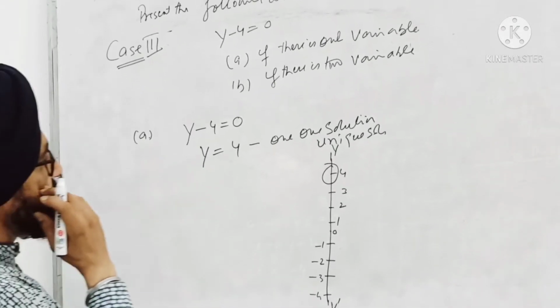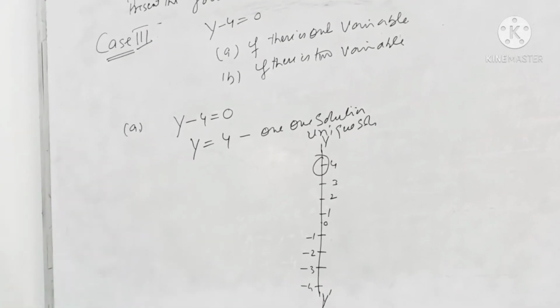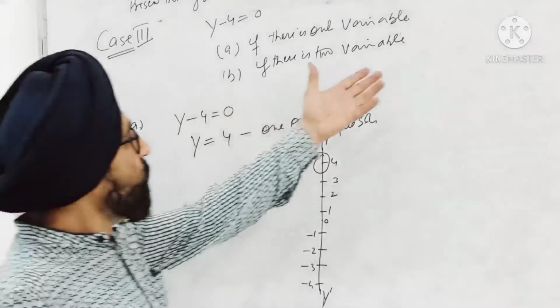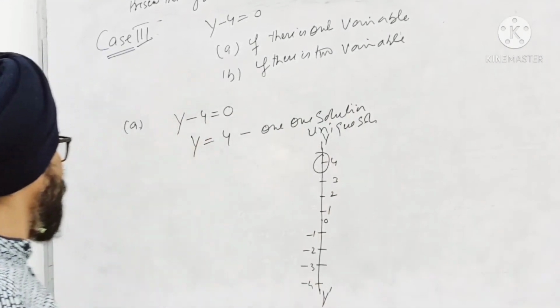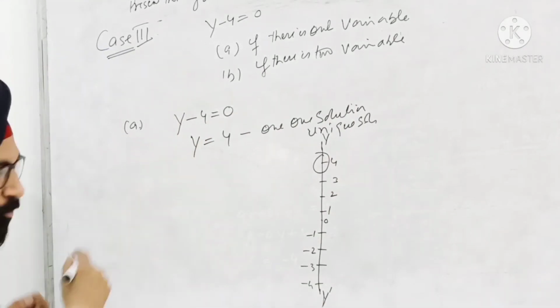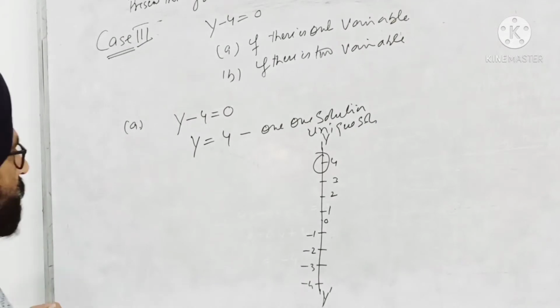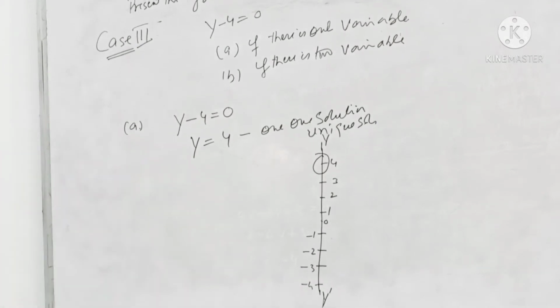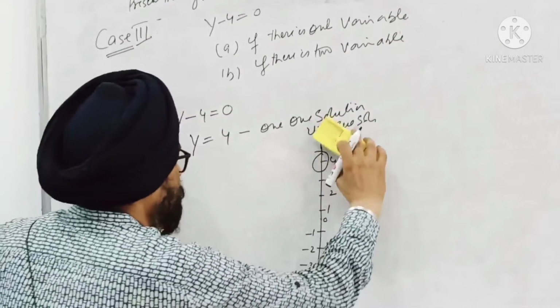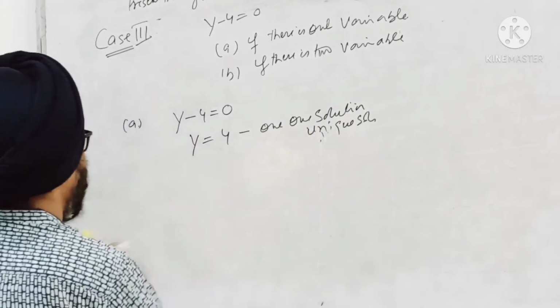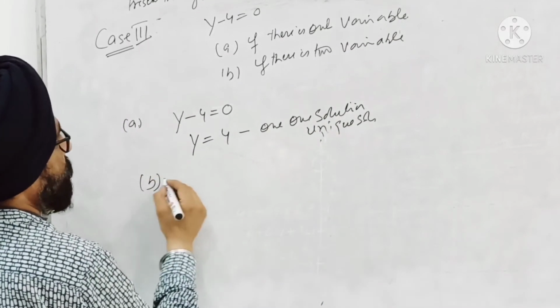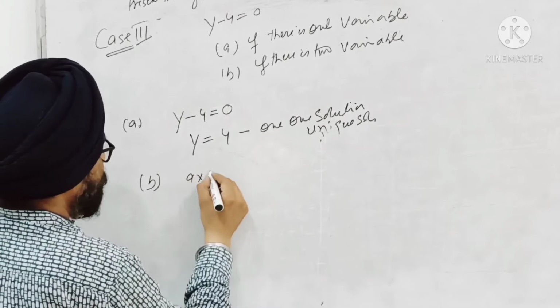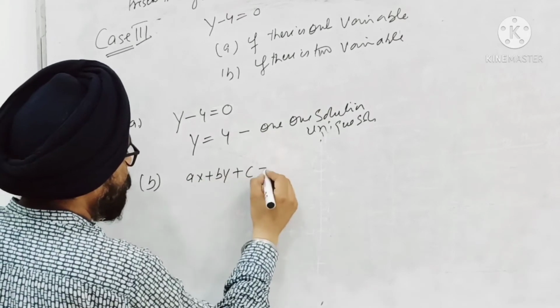First we will present this equation in the mathematical form of two variables. We all know the mathematical form of two variables: ax plus by plus c is equal to 0.